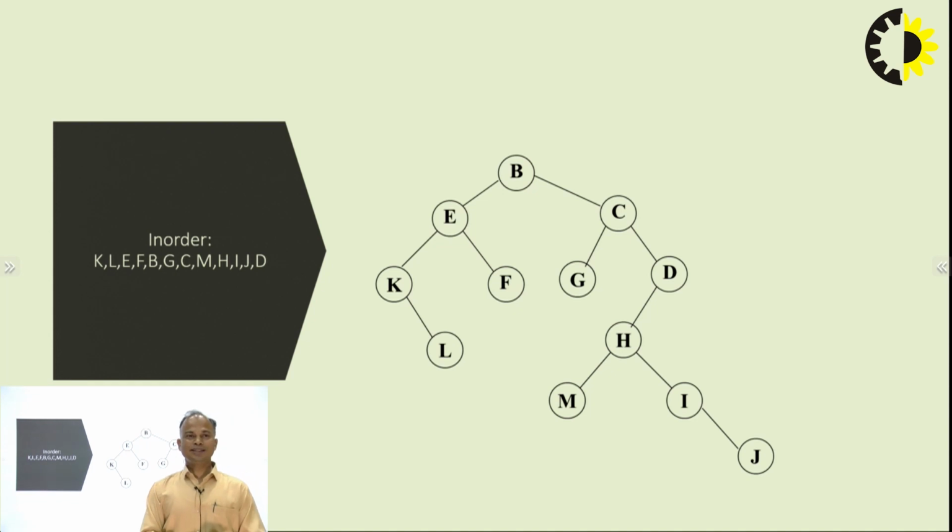The conclusion is very simple. If you have the root, then from the in-order sequence, you can find out the left subtree and right subtree.